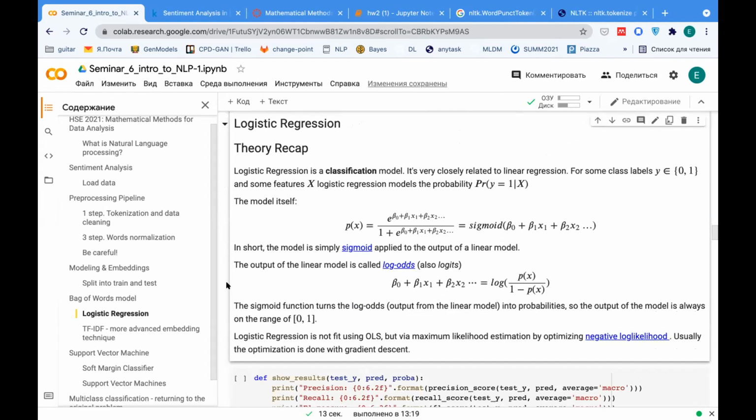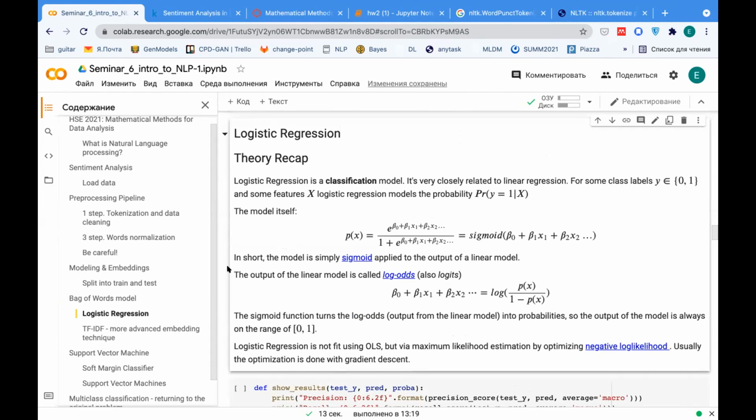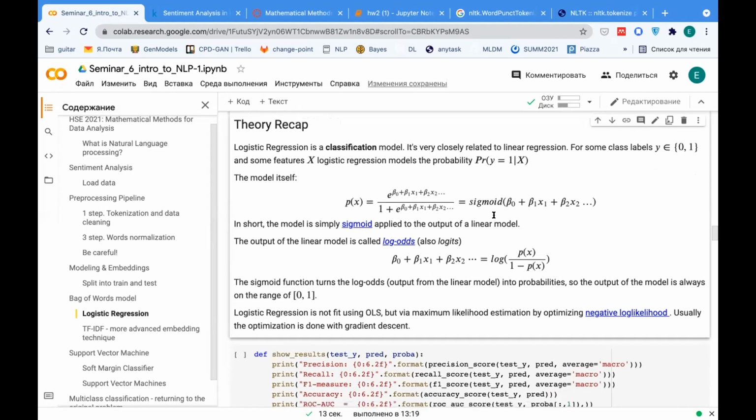So we'll try to use logistic regression for our classification. We can remember what it is. It's actually like linear regression, but here we don't just use our weights like this, we also apply a sigmoid after our linear model. So our classifier will return some probabilities for the first class.